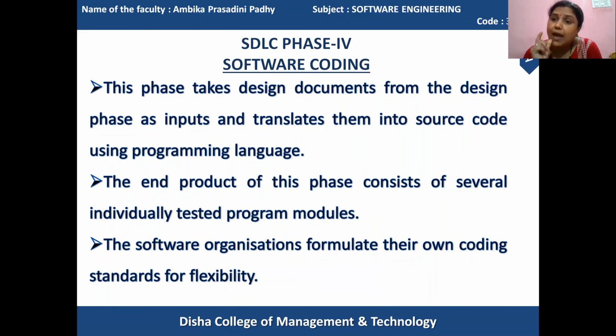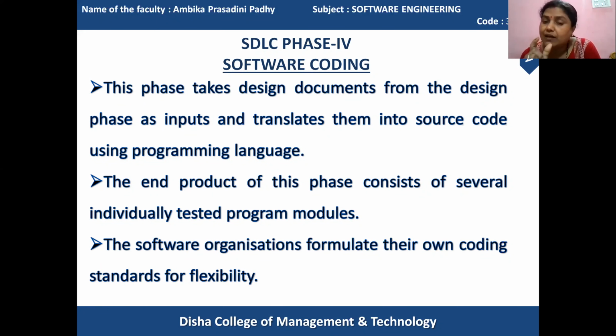Using an appropriate programming language as per the user's needs or the developer's possibilities, they can develop the design into code, and the code will be implemented for representing the execution of the system.